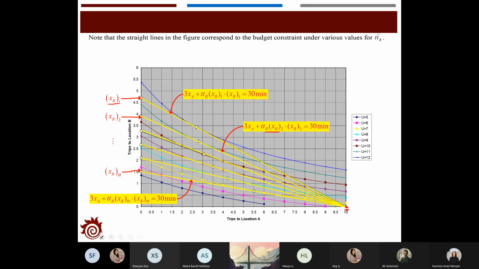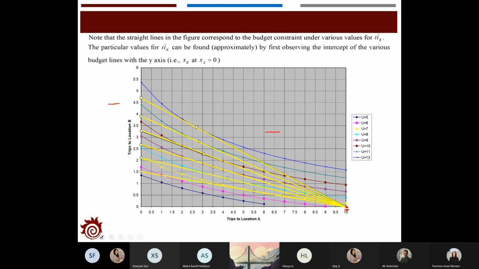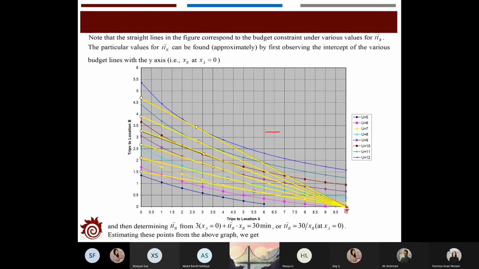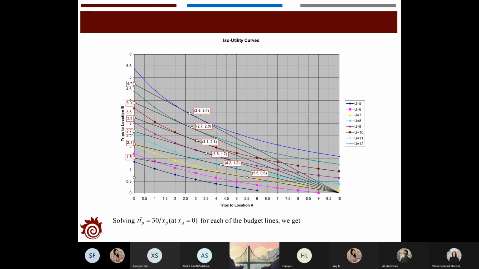In addition, in this specific problem, we know all these values. There will be 5 or 6 points, and we also can find the tangent point, which would be the optimal assignment of XA and XB for each budget constraint.